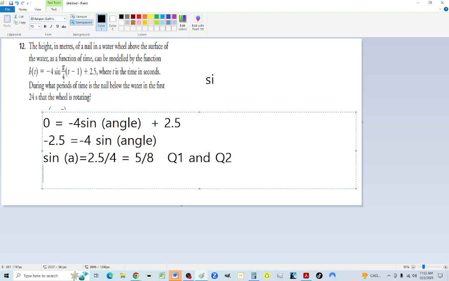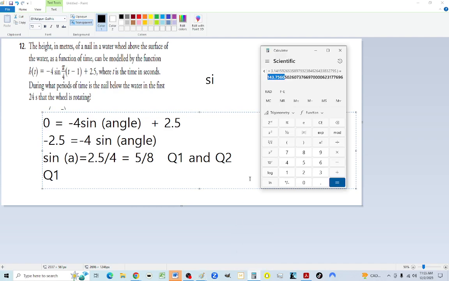Let's find the quadrant 1 of the angle. And we're talking about pi radians, so we have to work in radians. Clear everything. Make sure you're in radians. And you're going to do 2.5 over 4 if you want. It's the same as 5 over 8.